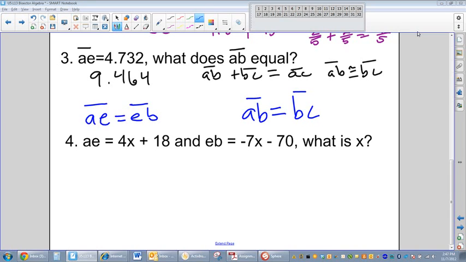Right? So AE equals EB. What property do we use?